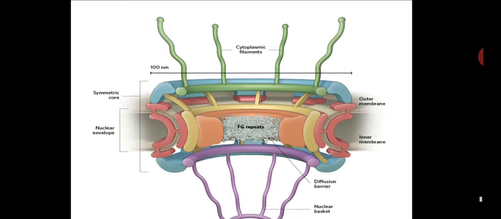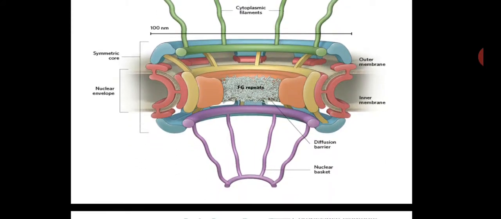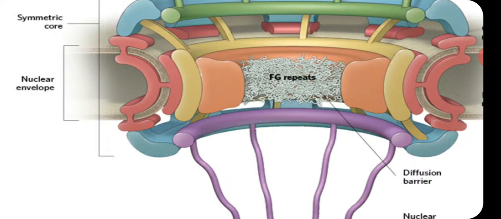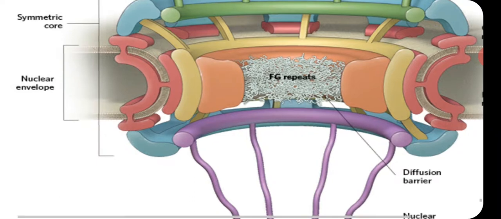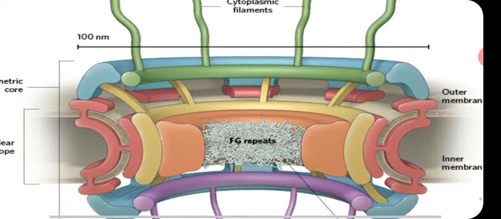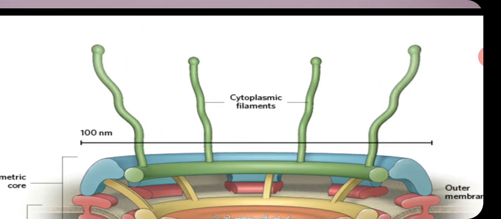If you see the structure, this is the nuclear envelope, a diffusion barrier. On the nucleoplasm side, a nuclear basket is there, which is also a protein filament structure. On the opposite side, the cytoplasmic side, there are cytoplasmic filaments, which are freely floating in the cytoplasm.